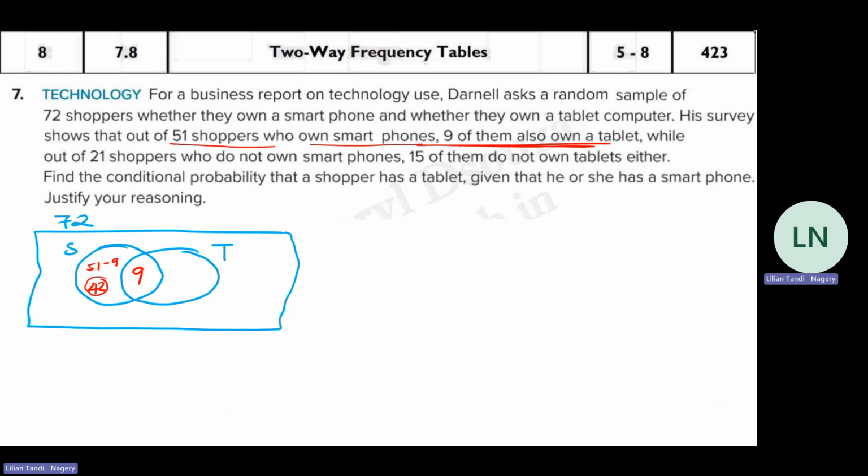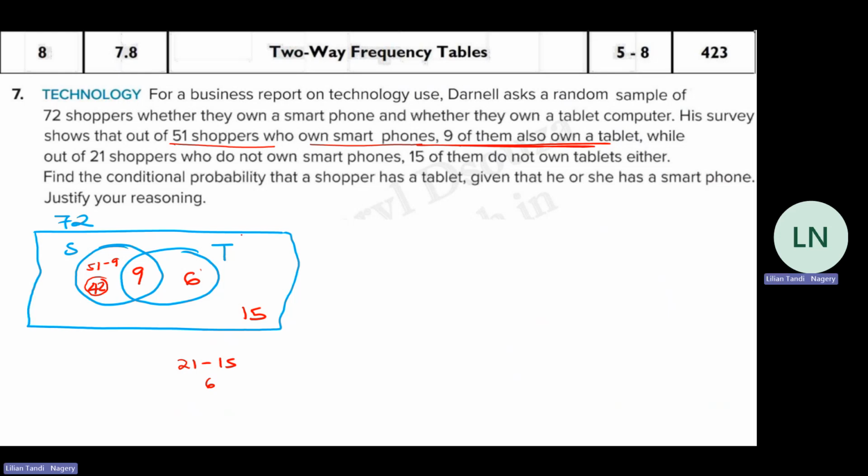While out of 21 shoppers who do not own smartphones, 15 of them do not own tablets either. So 15 are here. Then what is 21 minus 15? 6. So I will put it over here. Those are the people who own tablets only. Okay? All right.